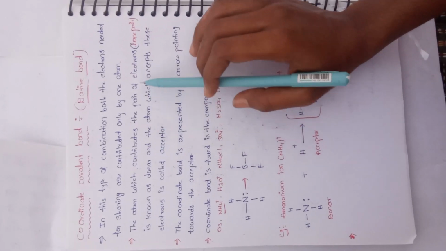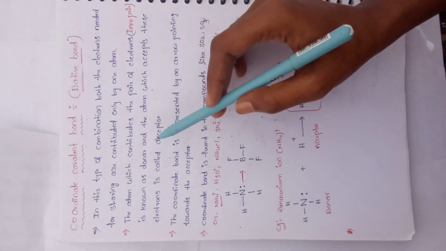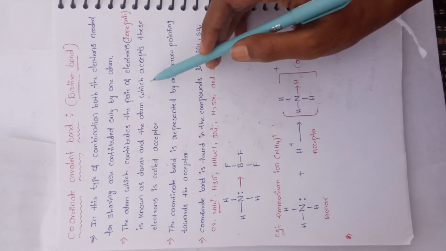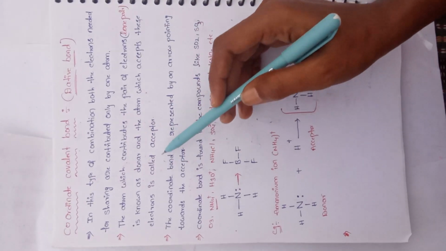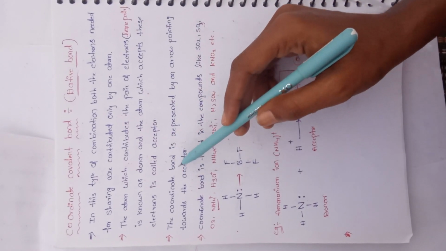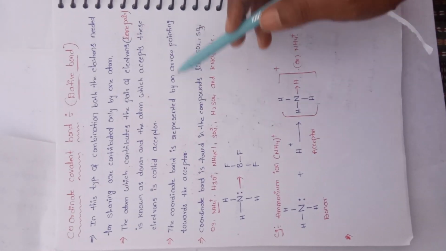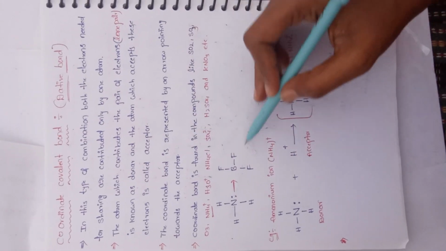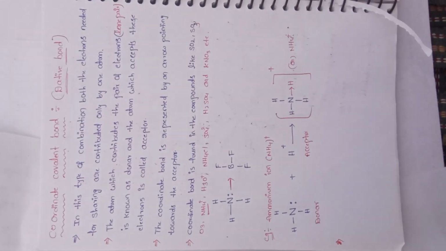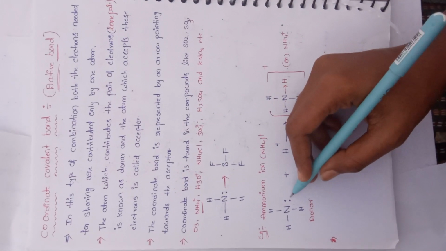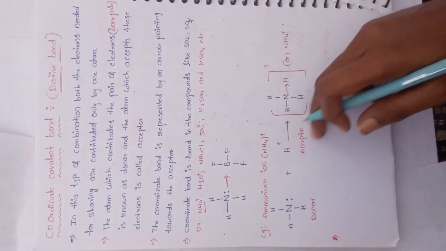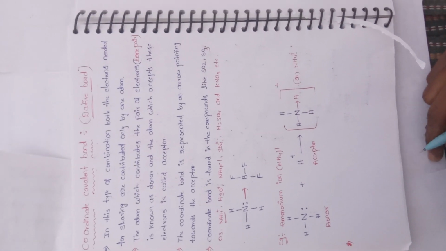The atom which contributes the pair of electrons, that means the lone pair, is known as the donor, and the atom which accepts these electrons is called the acceptor, and the coordinate bond is represented by an arrow pointing towards the acceptor. The example I already told in the explanation. So this is the donor and this is the acceptor. This is the ammonium ion. So this is the most important topic, guys.